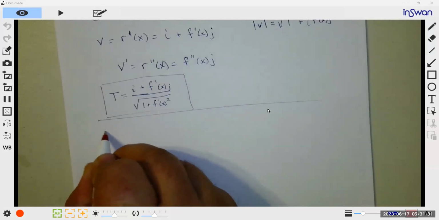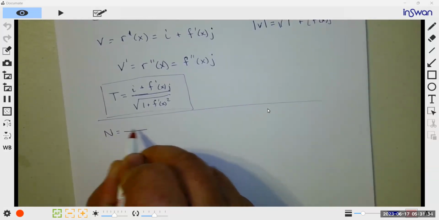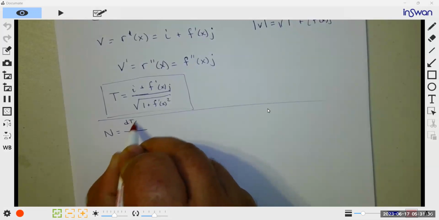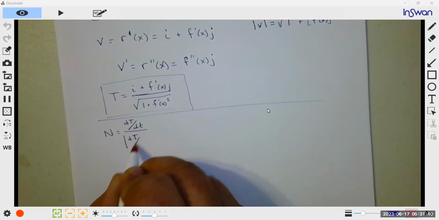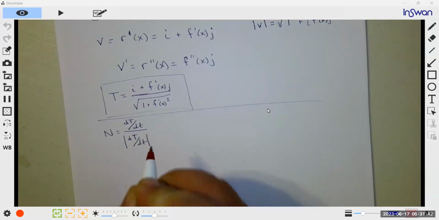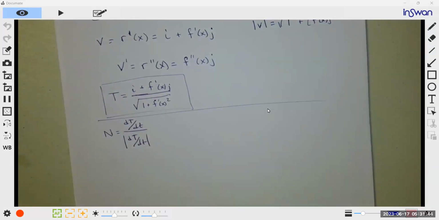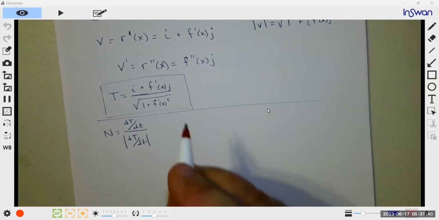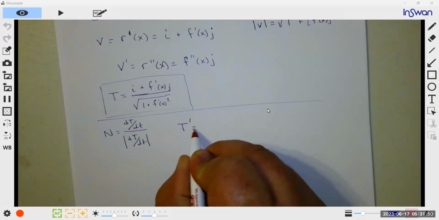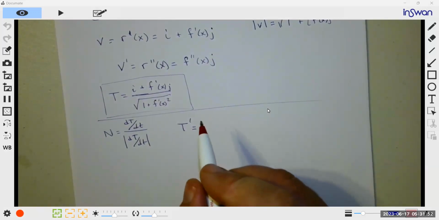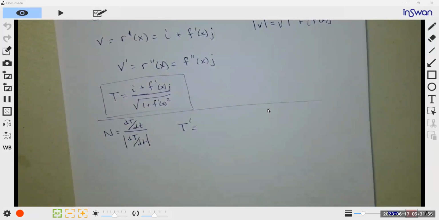To find n, we need the derivative of t over the magnitude of the derivative of t. So here we have to find the derivative of t. This is where it's going to take the most time.